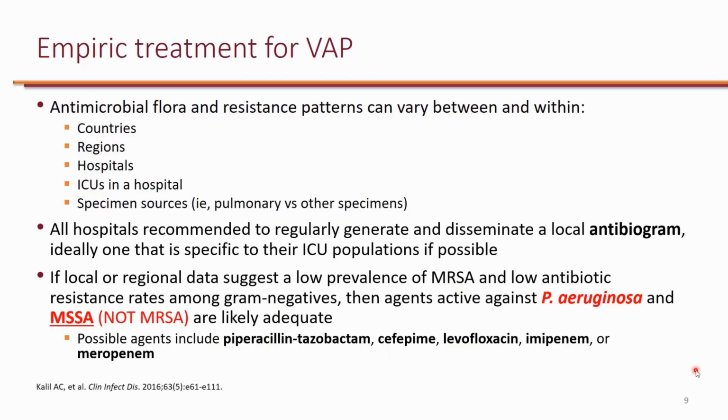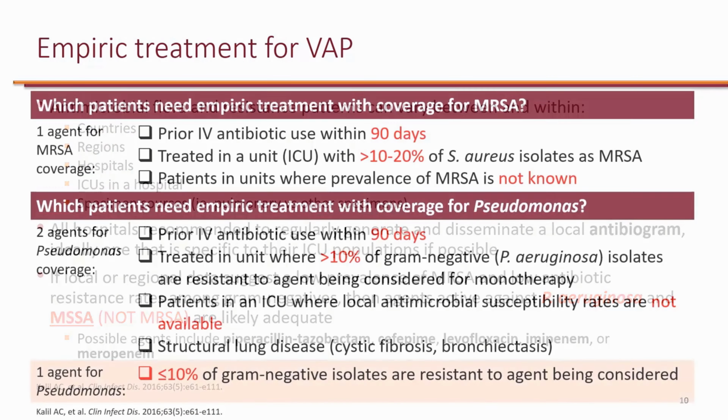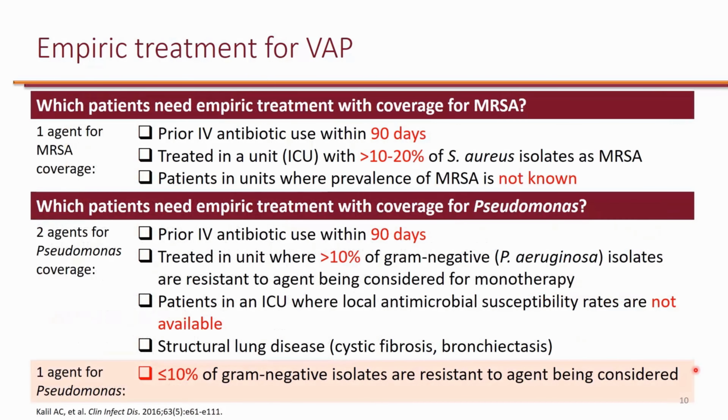Now, who exactly needs to receive empiric coverage for MRSA? Generally speaking, both MRSA and Pseudomonas are organisms that originate from healthcare settings. So patients who have received prior IV antibiotics in the past 3 months or 90 days need to receive one agent that has coverage for MRSA, so typically vancomycin.